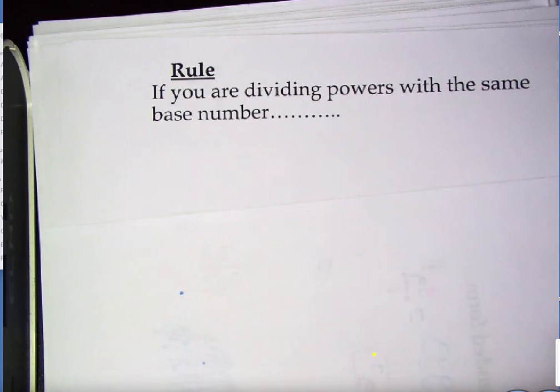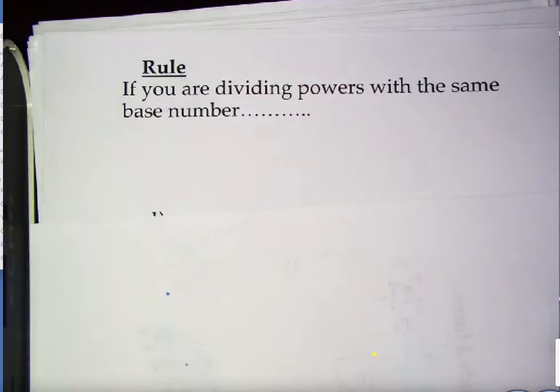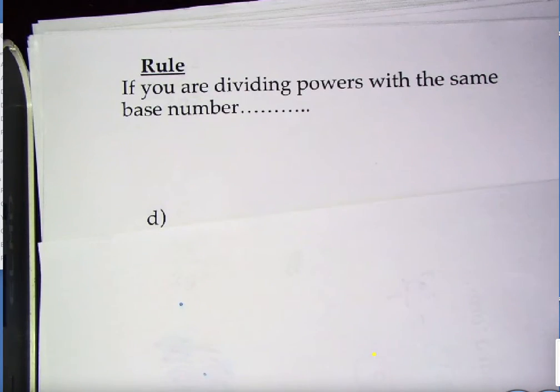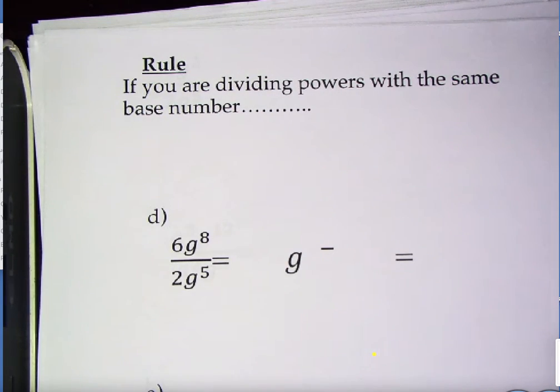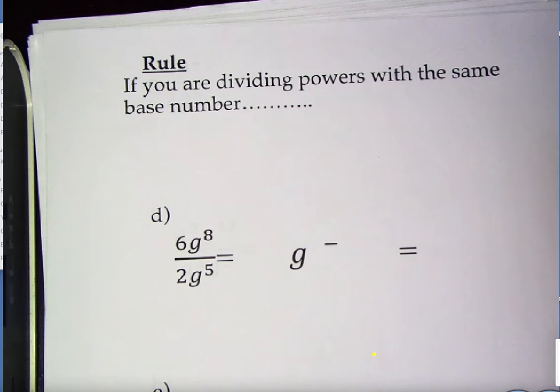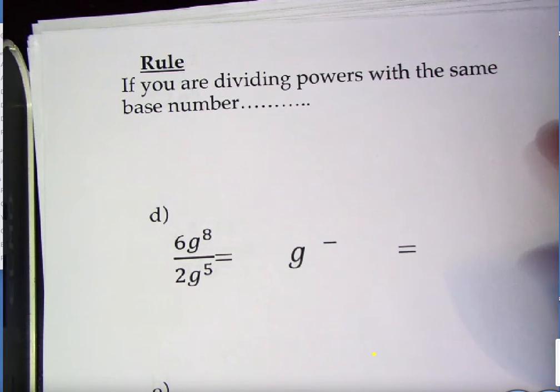There is a rule for dividing powers, right? So, if you're dividing powers with the same base, what can we do? This will help us with an example. What do we do? You can't just say subtract. What do we say?